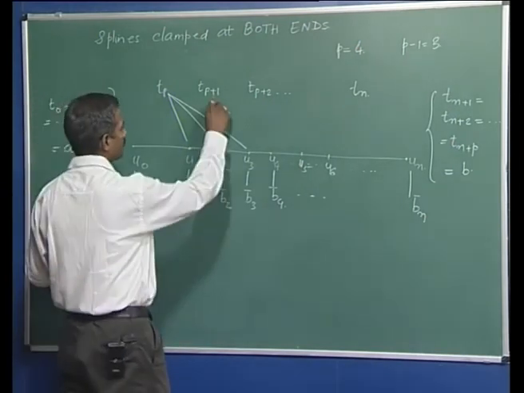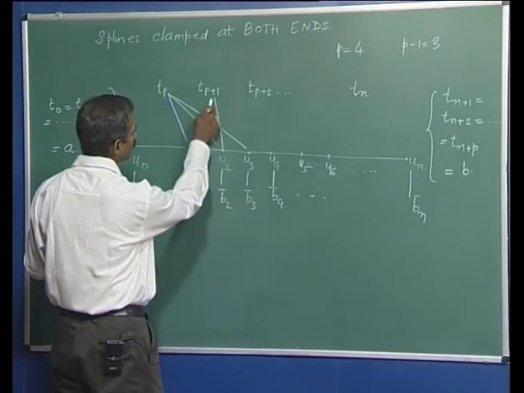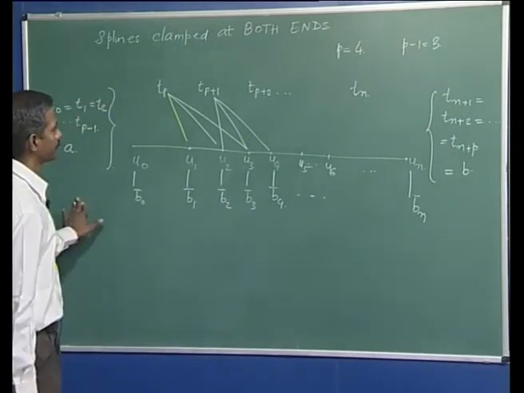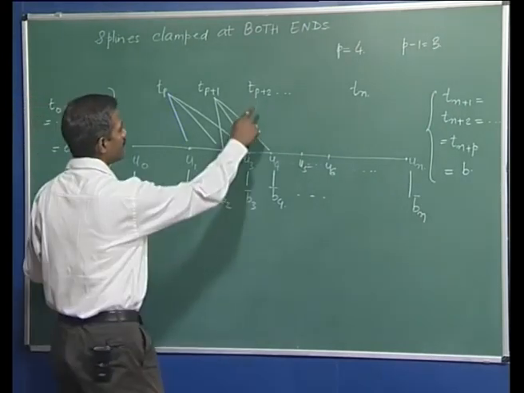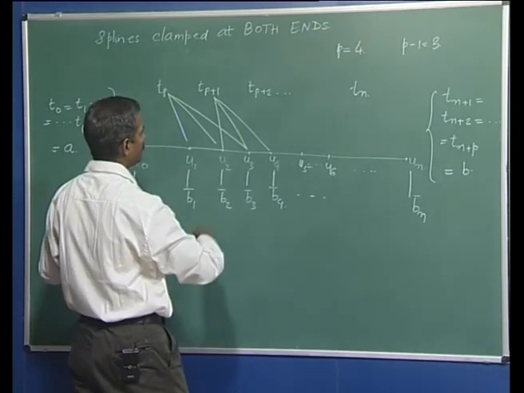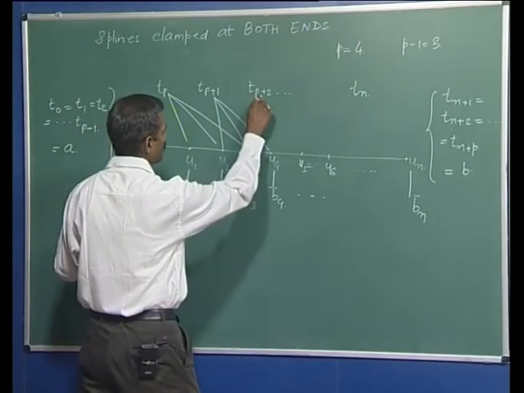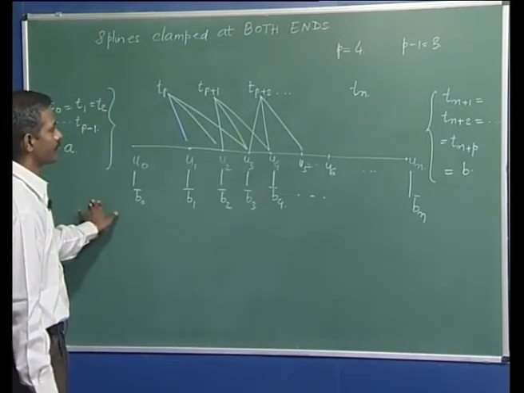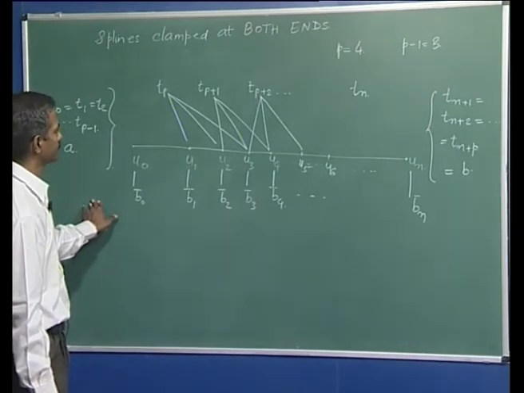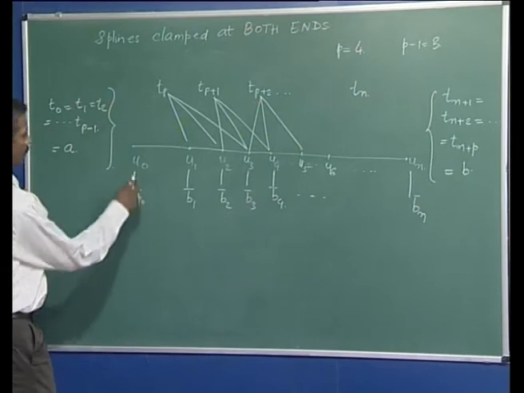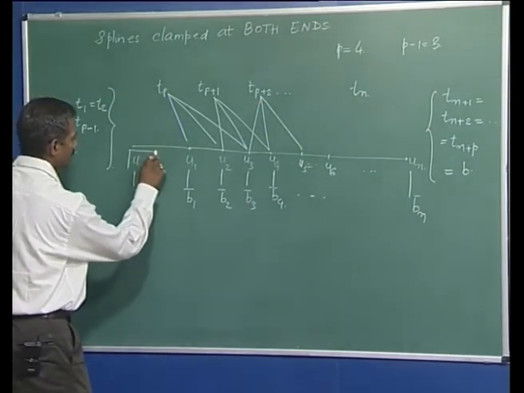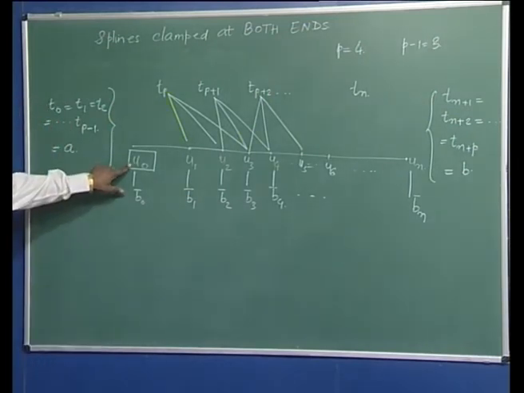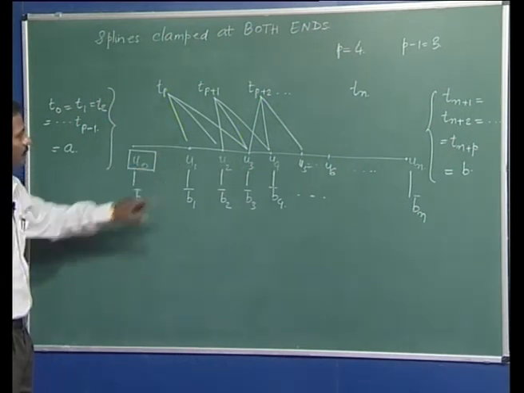Tp plus 1 will be the average of u2, u3, and u4. Tp plus 2 will be the average of u3, u4, u5, and so on. Notice that I have not used the first parameter value u0. I have started from the second parameter value.